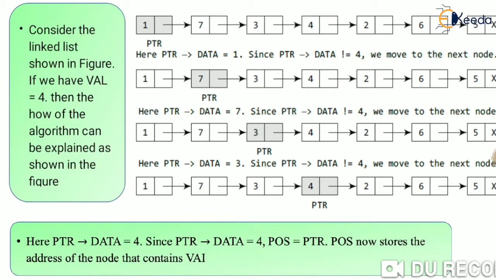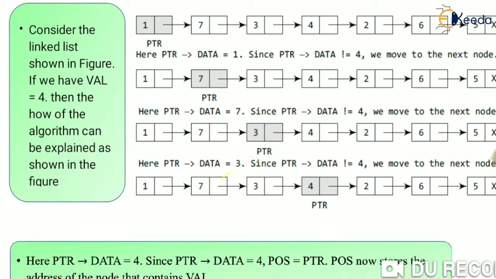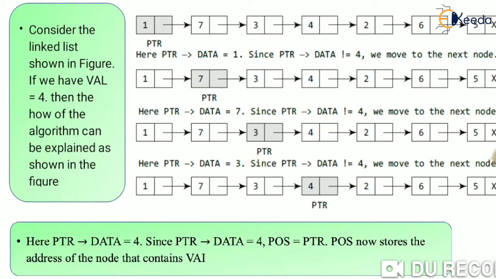So in spite of null, just write val is not equal to 4. And once we get the 4, the loop is terminated. Okay, so this is all about a simple introduction of singly linked list.